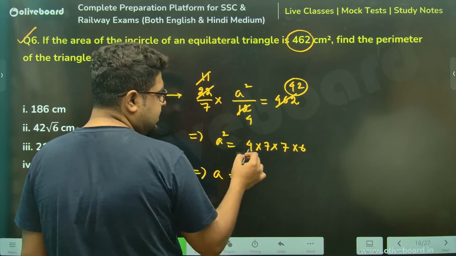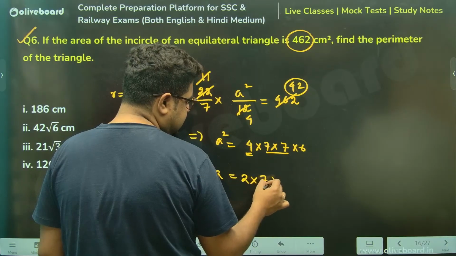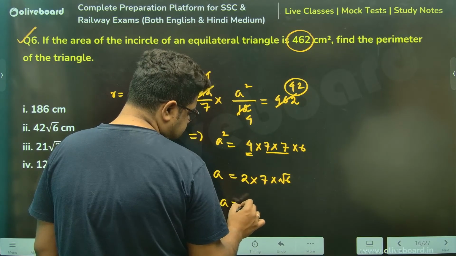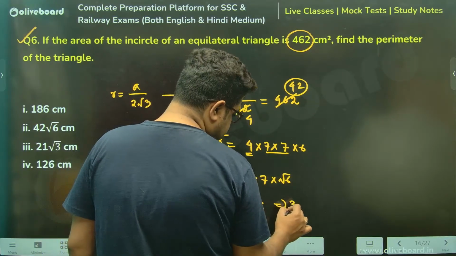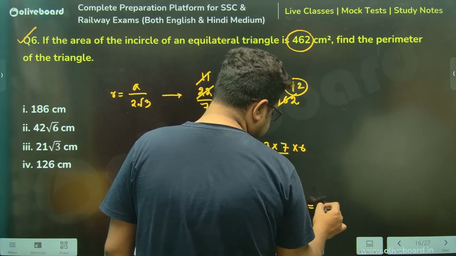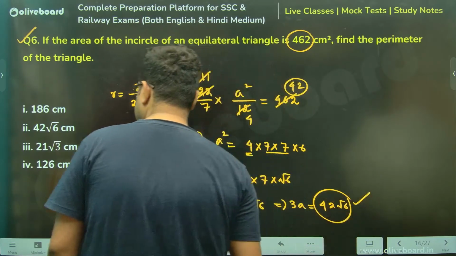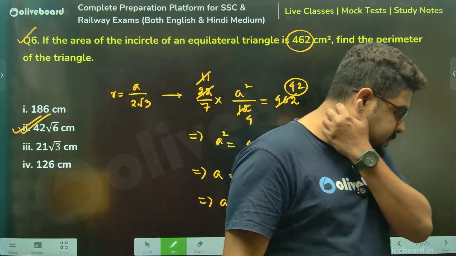A will be, from 4 I'll get 2, from 2 sevens I'll get a 7, and this will be root 6. A will be 7 2s are 14, root 6. So 3A will be 3 14s are 42, root 6. That must be your answer. Option number 2, sir.